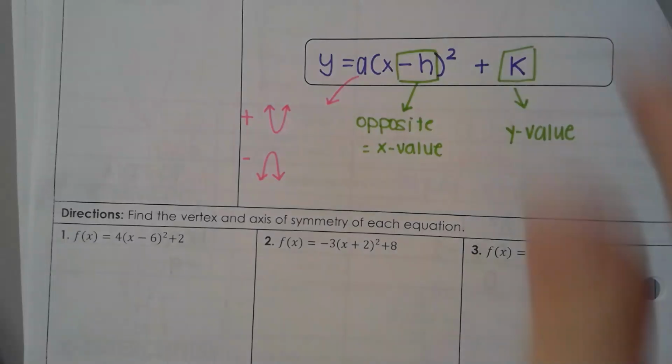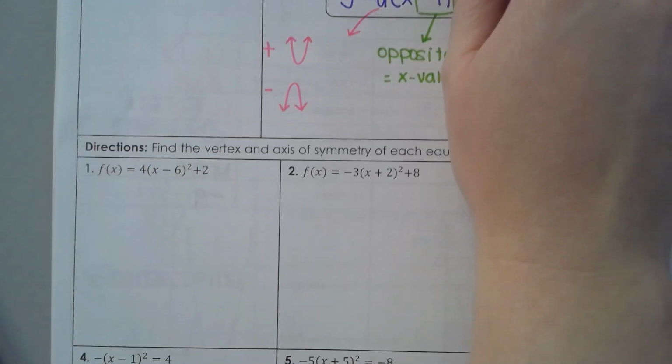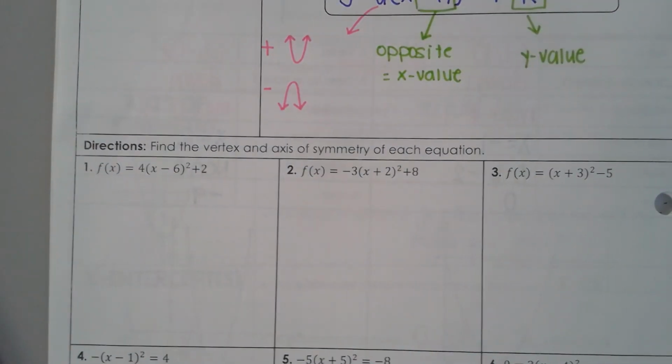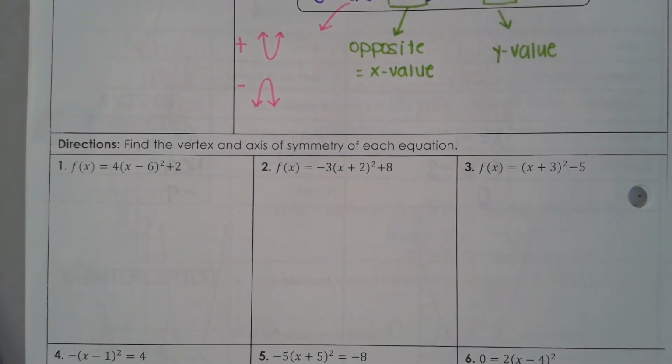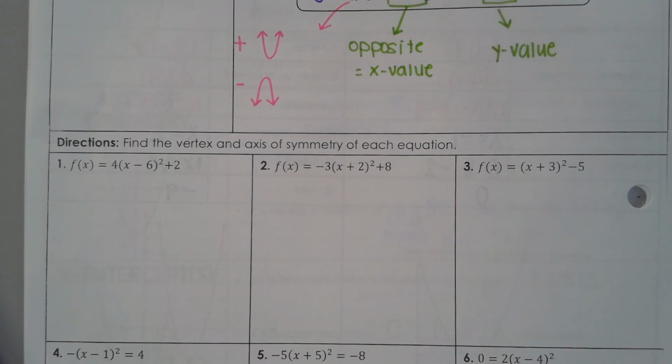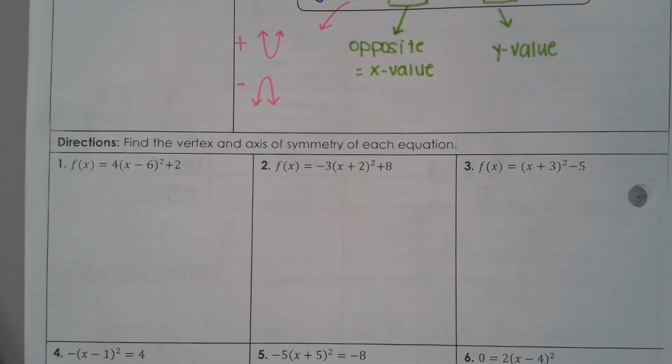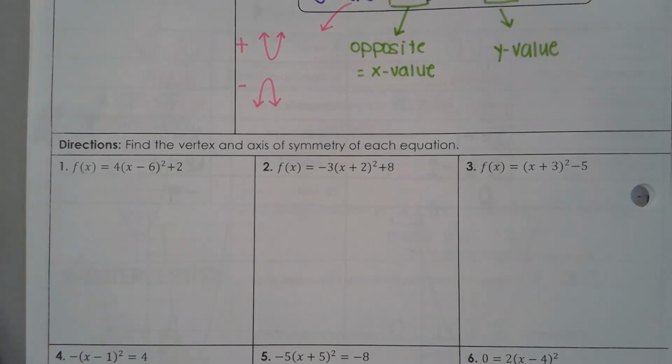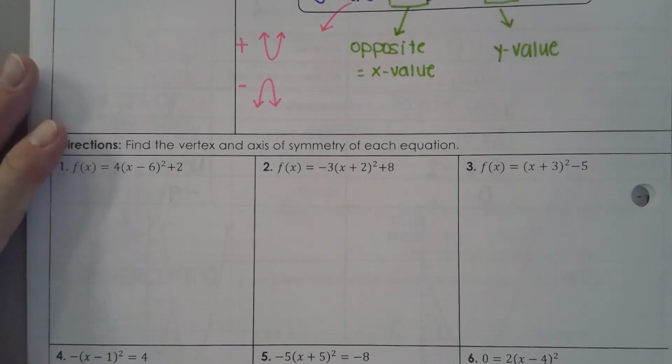So let's look down here at some examples. We're going to tell the vertex and the axis of symmetry. And remember, the axis of symmetry, you have to put what at the beginning? X equals, and then it's the x value of your vertex. So we don't have to do any type of calculations to find this.